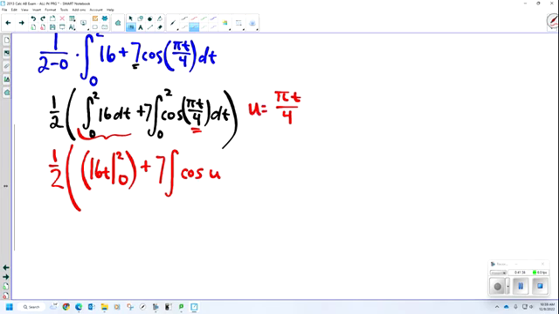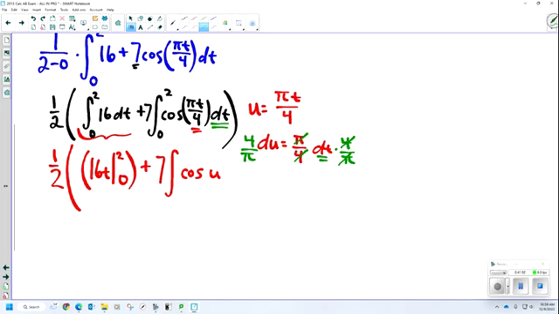Which means my du is just pi over 4 dt. I only have a dt to substitute for, so I want to get this alone. I'm going to multiply by 4 over pi. The 4's cancel, the pi's cancel, and what I do to one side I have to do to the other.